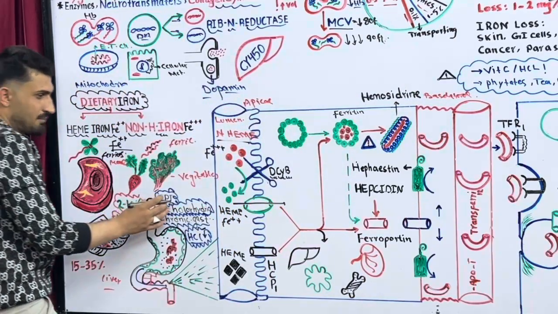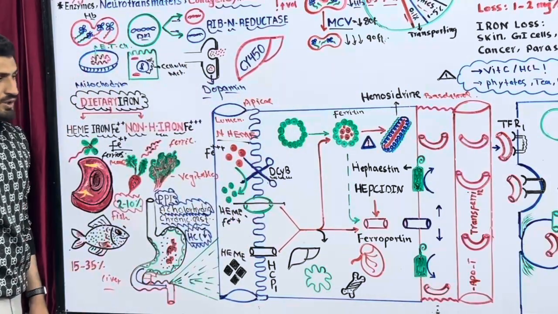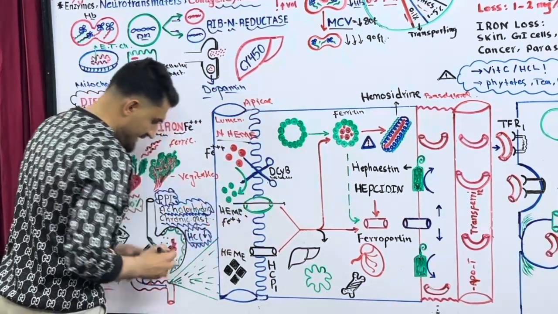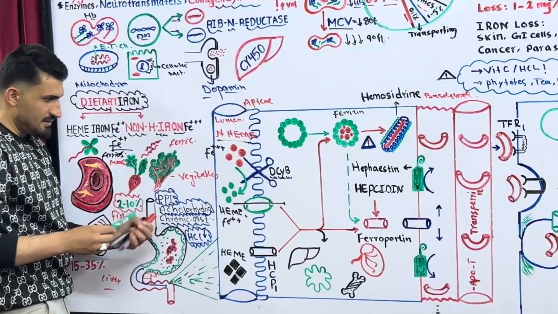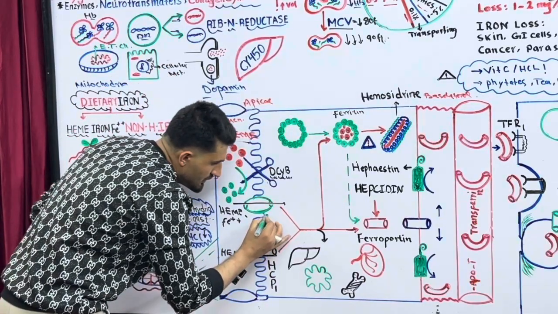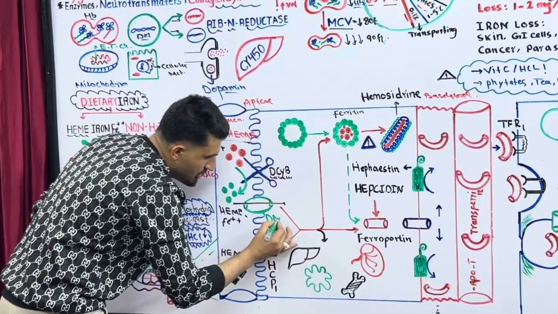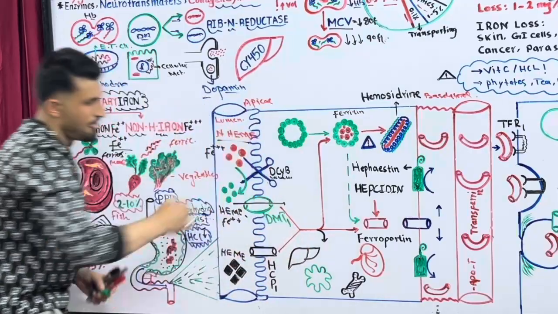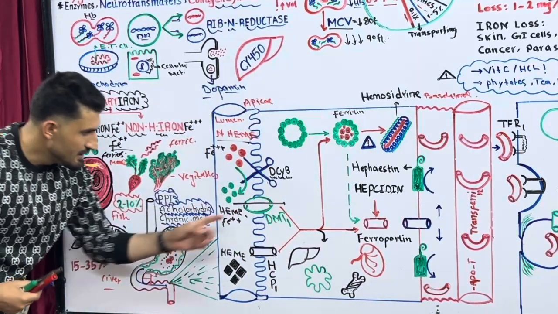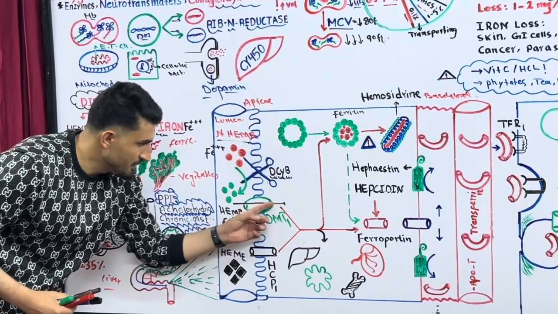So it will be absorbed into the jejunal cell, and this transporter is called divalent metal transporter 1.